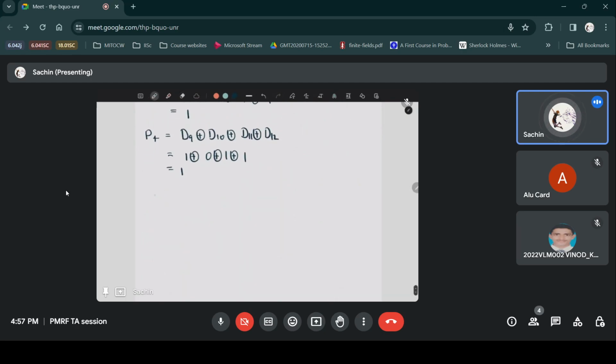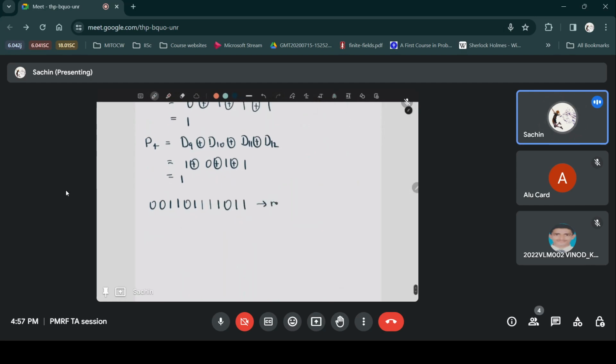So that will be P1, P2, D3, P4, D5, D6, D7, P8, and then D9, D10, D11, D12. This is the required Hamming code word.